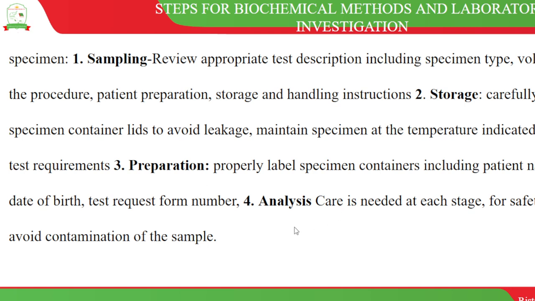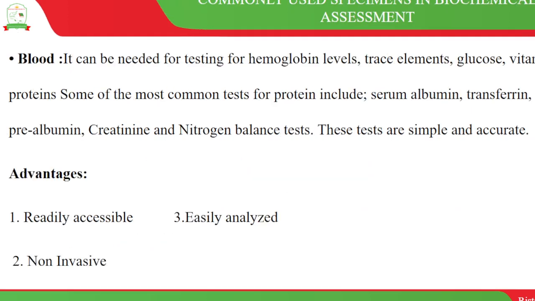This includes labeling, putting there the name, date of birth, the test request form number, even the time that the test was requested. In some containers, they do put it there. And then finally, you get into your analysis and you start analyzing your results. You need to be careful about all these stages, for safety and to avoid contamination of the samples.